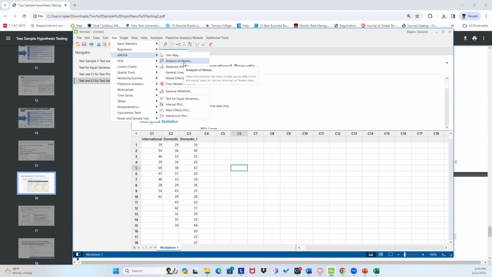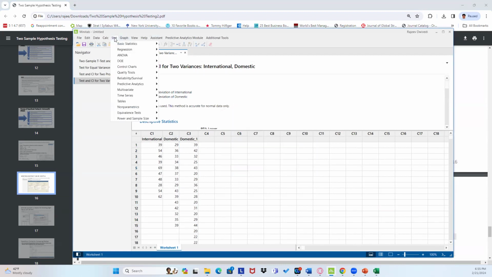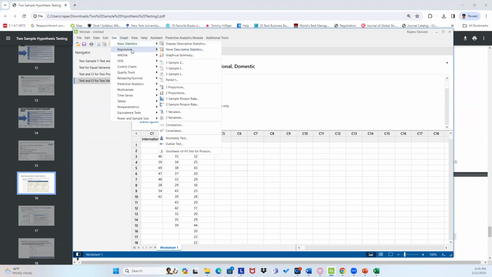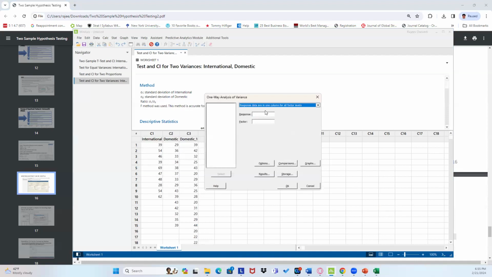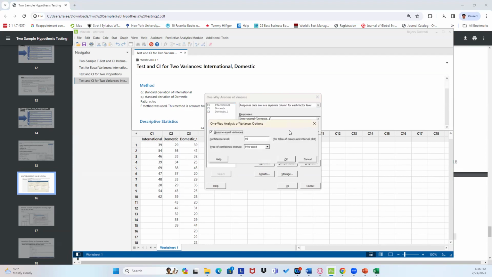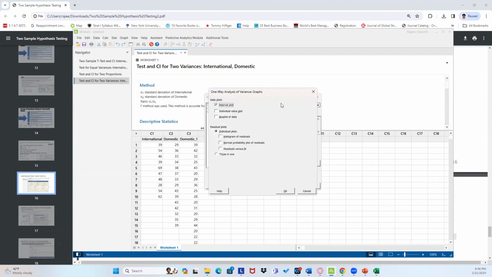Here, analysis of means, and again you can select confidence interval and those other things. The box plot is important.